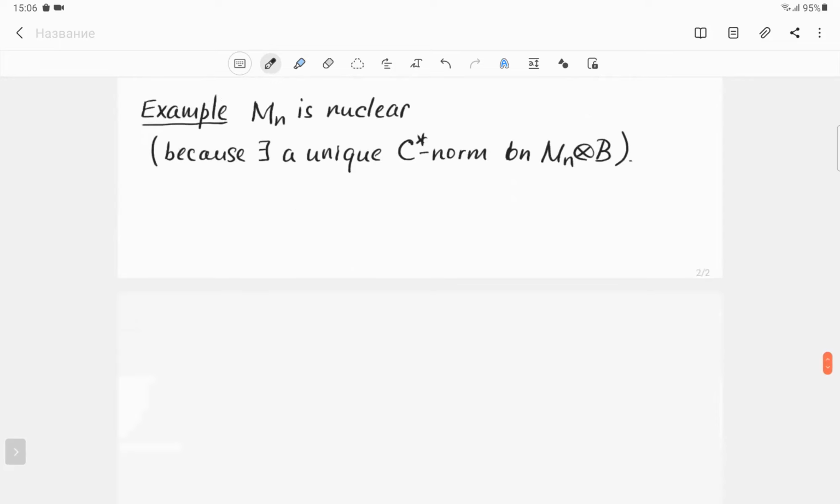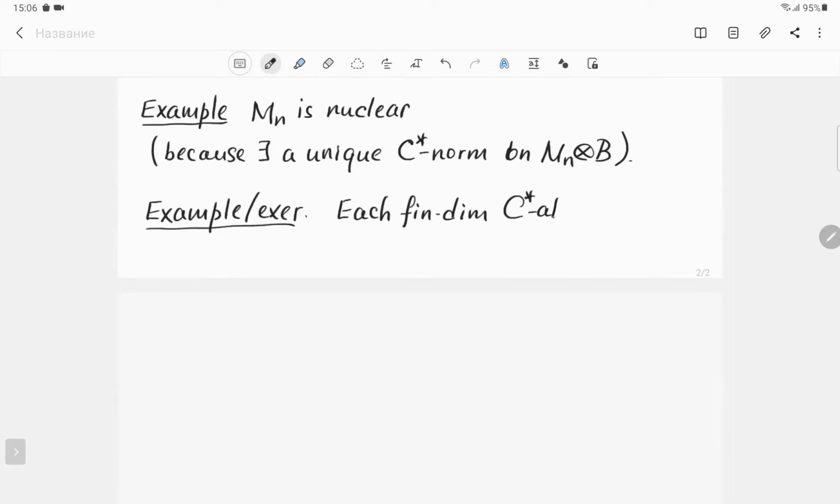Another example, which generalizes the matrix algebra, is an example and exercise at the same time. I claim that each finite dimensional C-star algebra is isomorphic to a finite direct sum of matrix algebras.